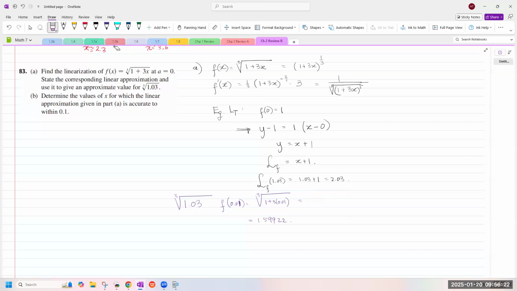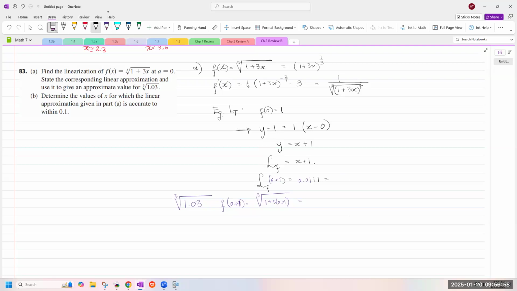So this part here is supposed to be 0.01, that's 1.01.